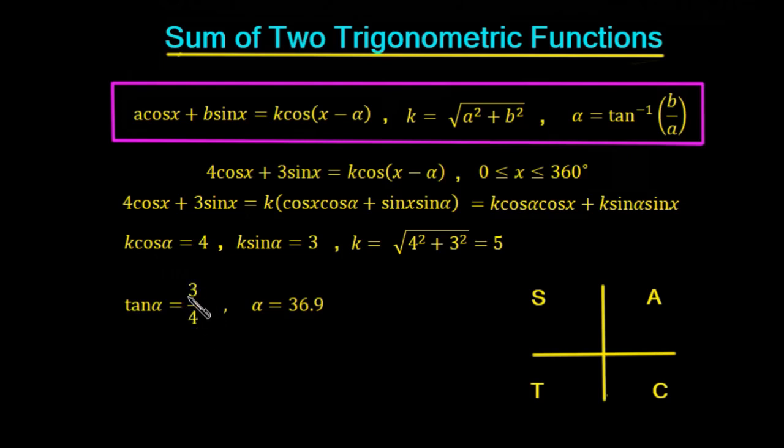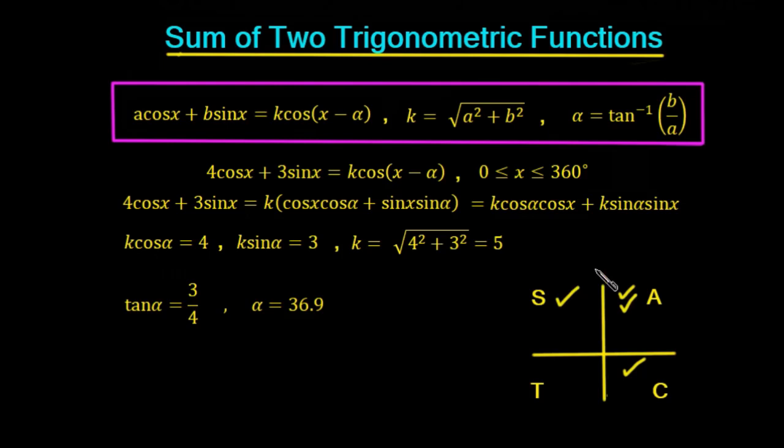Now there's one thing to note here as well, that we're interested in what quadrant it's going to be in. In this instance we can see that the cosine is a positive value. So cosine is positive in this quadrant and in this quadrant. And we can see that the sine is also a positive value. So the sine is positive in this quadrant and in this quadrant.